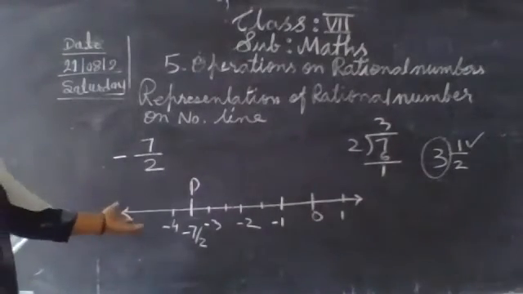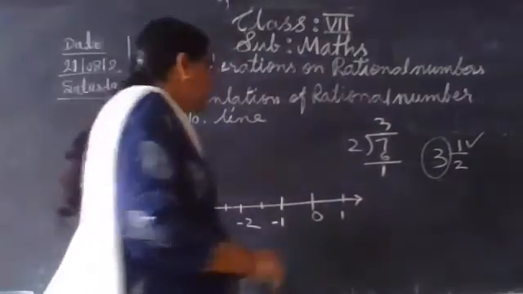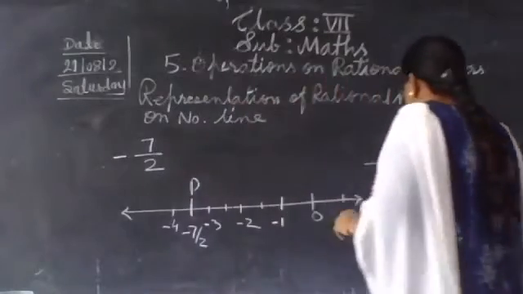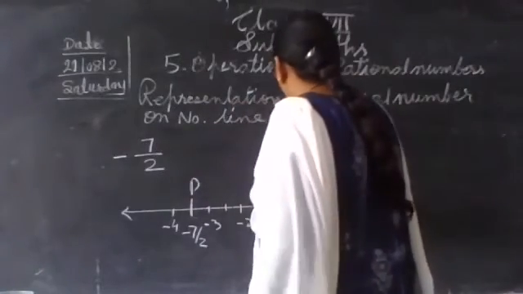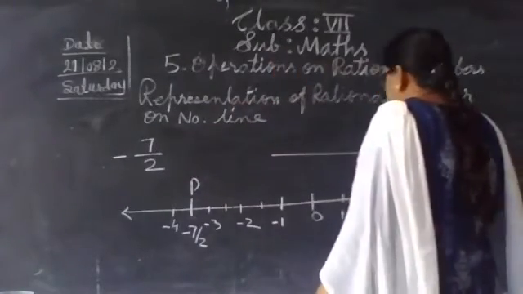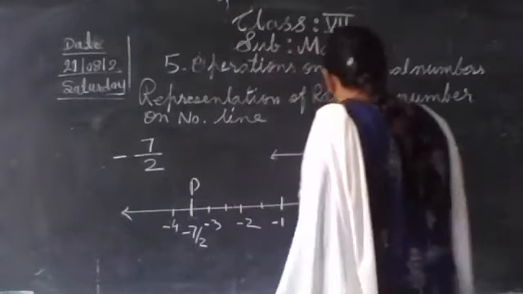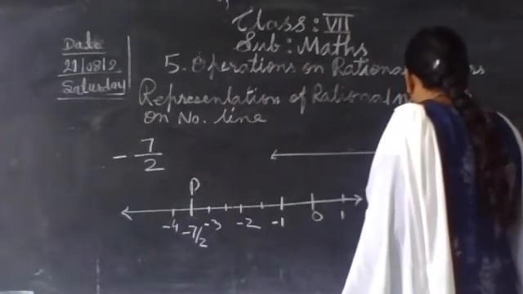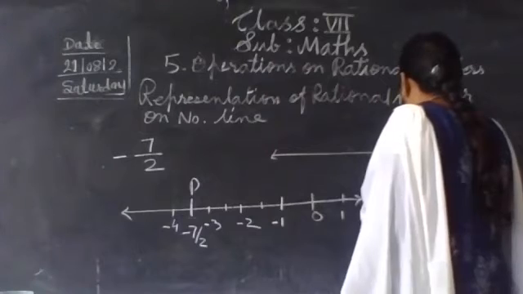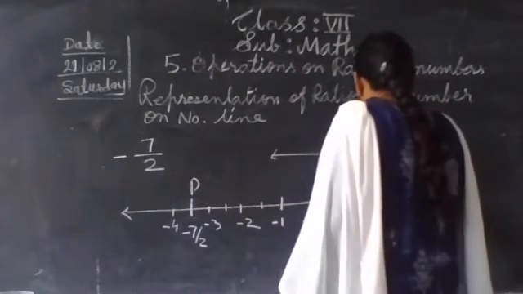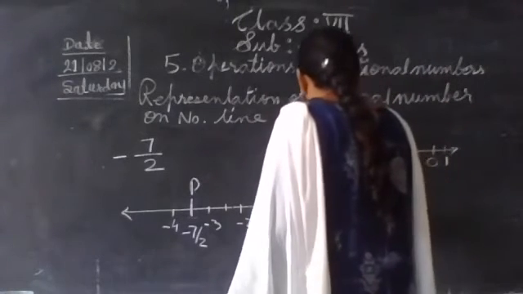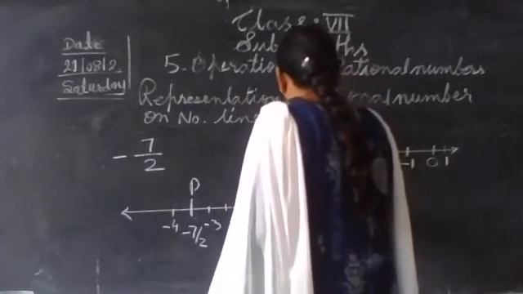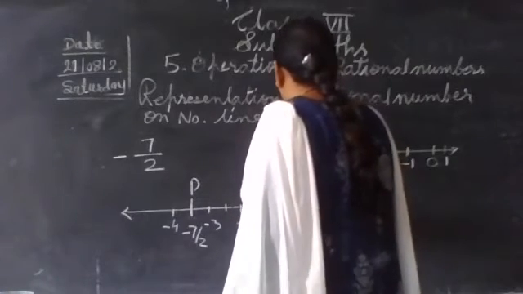Or without converting into mixed fraction, let's see how to represent. Negative number is this, so we need only minus 1, minus 2, minus 3, minus 4, minus 5, minus 6.